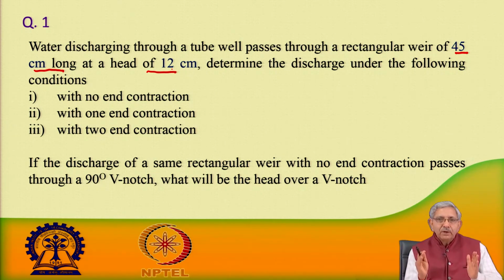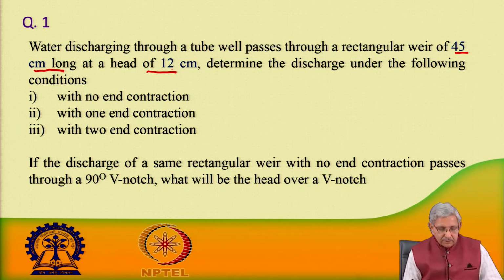So, the effective length of the weir is one without reducing the length, another with reducing the length. There is a specific formula which is to be taken care of when we are using one end or two end contractions.